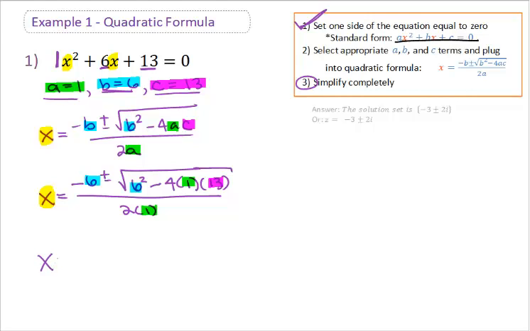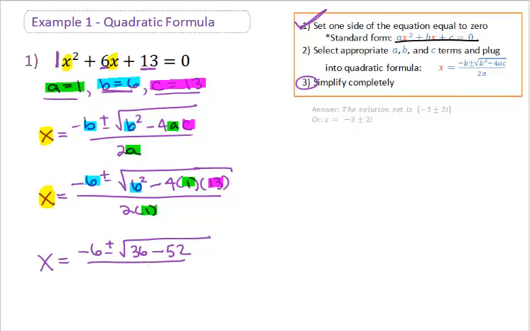So we have x is equal to negative 6, I won't be able to do much with, plus or minus the square root. 6 squared is 6 times 6 to give us 36, minus 4 times 1 times 13. I can do this all at once because anything times 1 is itself. So really all I have to do is 4 times 13, which is 52.